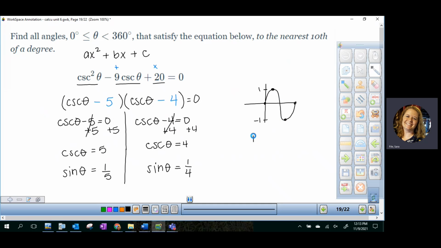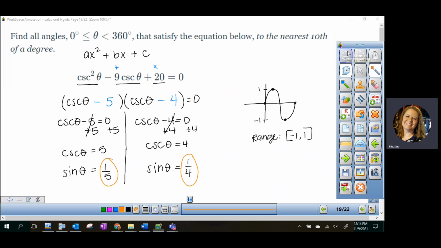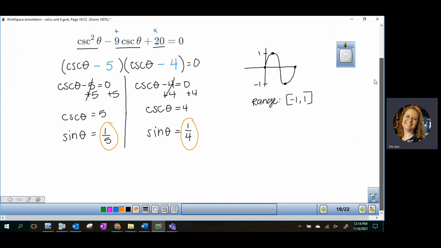So the range of sine and cosine are both -1 to +1. So if this number that you get here is above 1 or below -1, there's no solution. Okay, but these have a solution. 1/5 and 1/4, that's definitely in between -1 and 1 somewhere, isn't it? So there is a solution, it's just not one that we memorized.